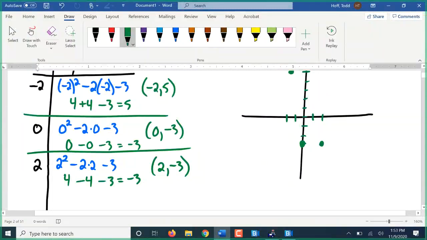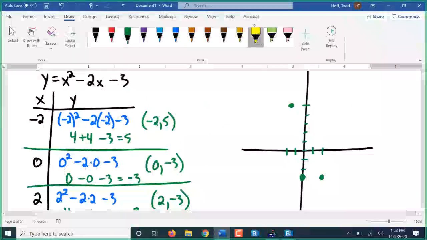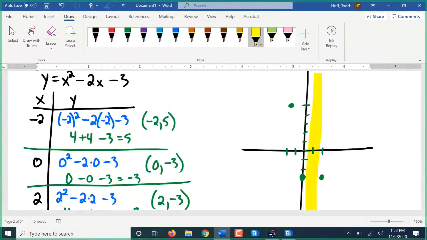Well, pretty obvious that this does not form a line. Those 3 points do not line up at all. But what it does is give us a chance to look at the graph and figure out where we need more information. First of all, I need more information between those 2 points that have the same y value.